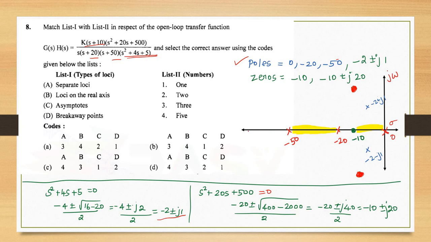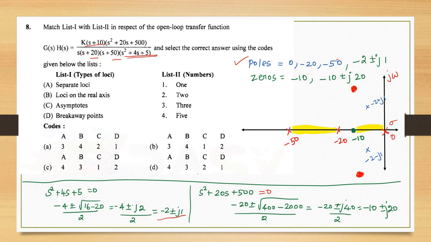Okay. Now I am going to find out the number of separate loci. So how many separate loci are there? Separate loci means the number of root locus regions. It is the same as the number of poles.